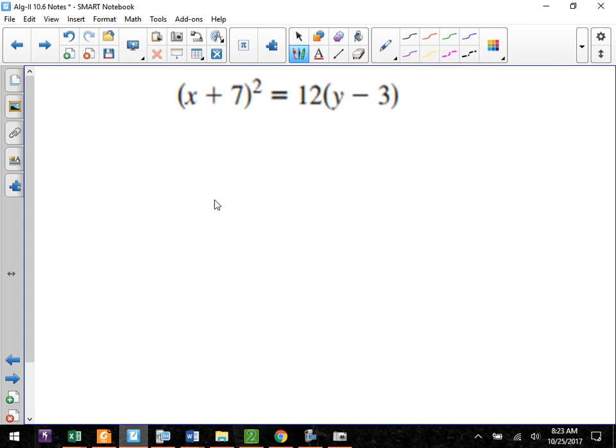Obviously, there's less work. We have an x squared parabola. So what I do is I reference what that looks like in my calculator. When I reference that, it tells me that it's (x minus h) squared equals 4p(y minus k).